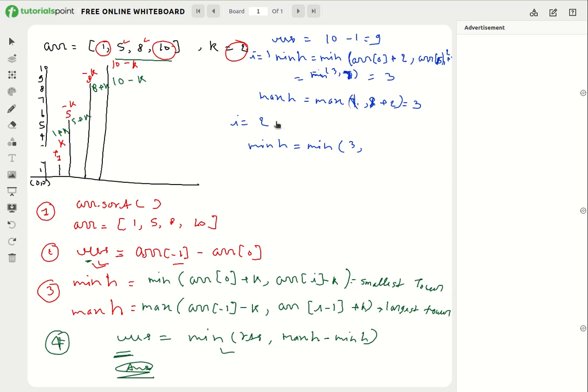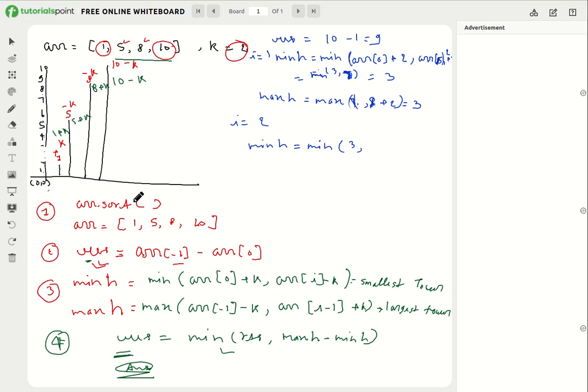So overall, I'm trying to explain that in iteration one we calculate this, then iteration two and iteration three, and every time we will update our result. So this is the algorithm we are approaching. Once more I'm going to explain. First we will sort the array.